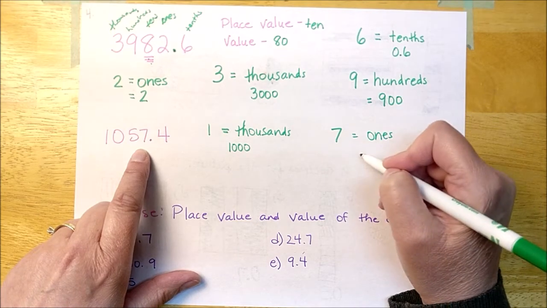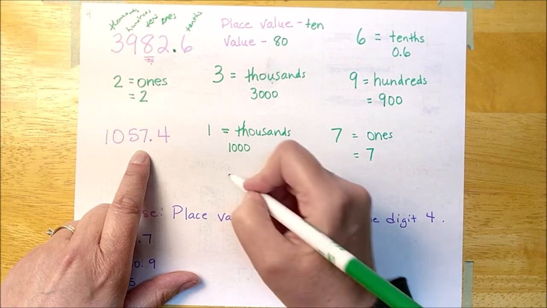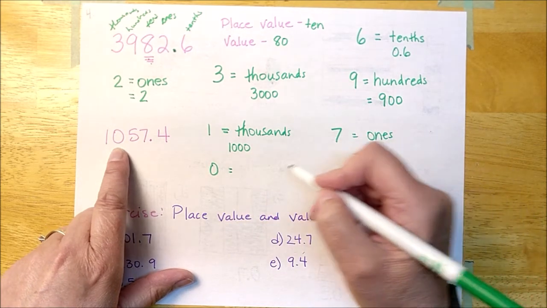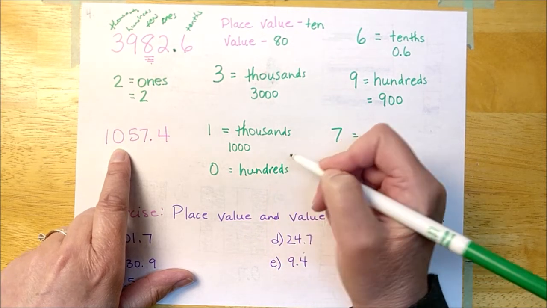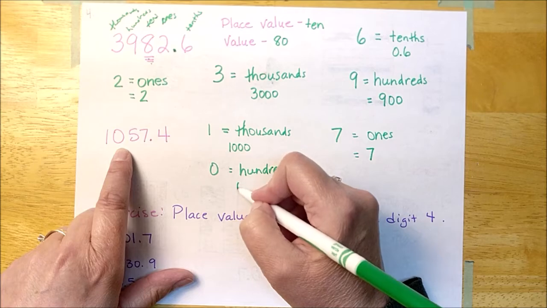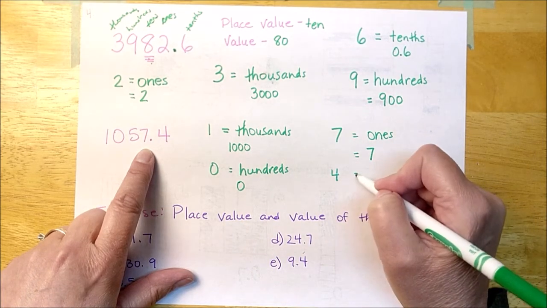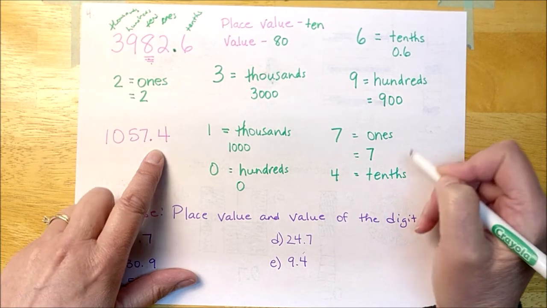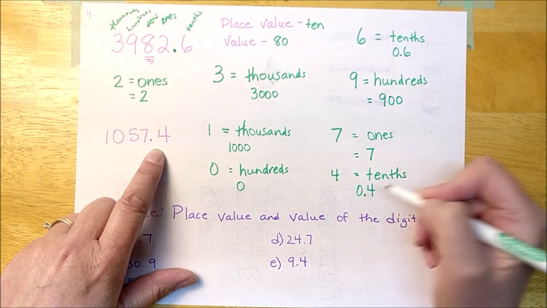And that makes him worth 7. His value is 7. What about the 0? Whose place is the 0 in? You're right, he's in the hundreds place. And what is his value? What's he worth? Nothing. How about the 4? It's in the tenths place. And his value is 4 tenths.